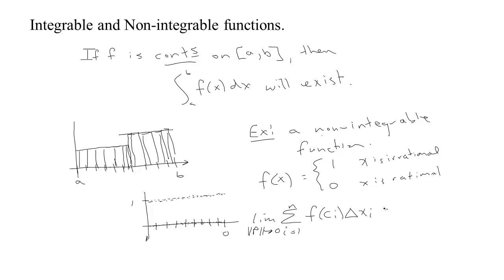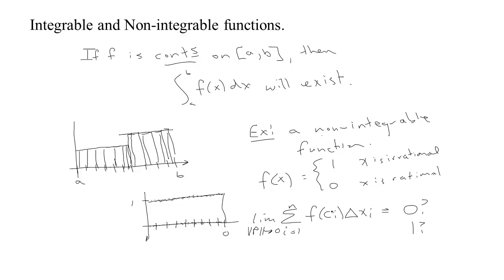So we have to pick that representative point. If I always pick a rational representative point, then this sum will always turn out to be 0. On the other hand, if I were to always pick irrational points, then the sum would turn out to be 1, right? Because each of my rectangles would have height 1, and so the total area would turn out to be 1. Okay?